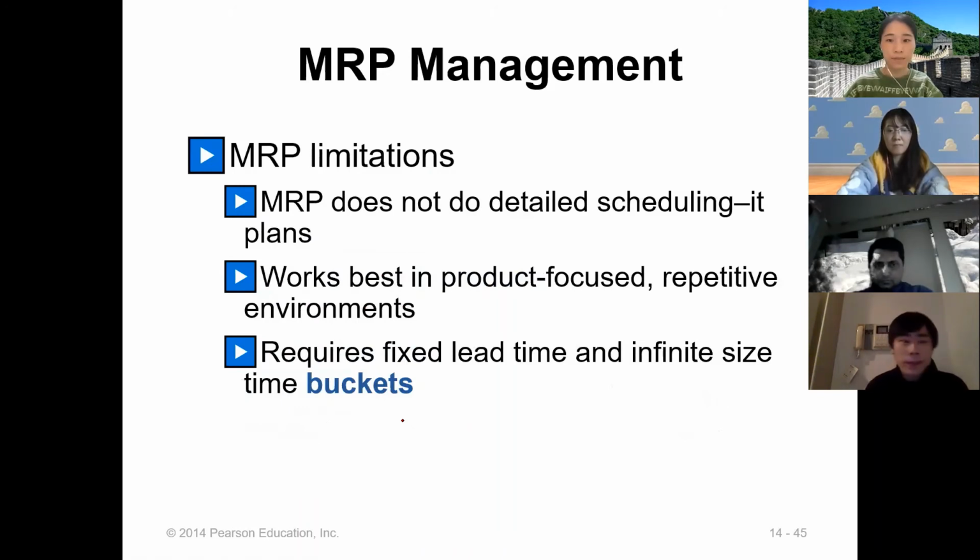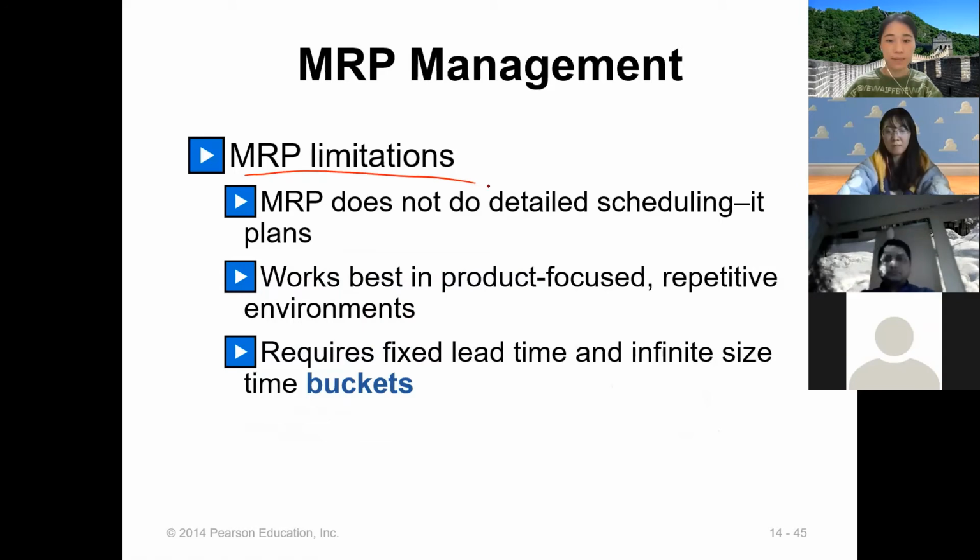But MRP has certain limitations. MRP does not do detailed scheduling. If you notice, it is only gross and net. Net is just showing how many you need. But does it consider capacity? You want 100 to be produced in 1 week, but do you have the capacity to produce 100?